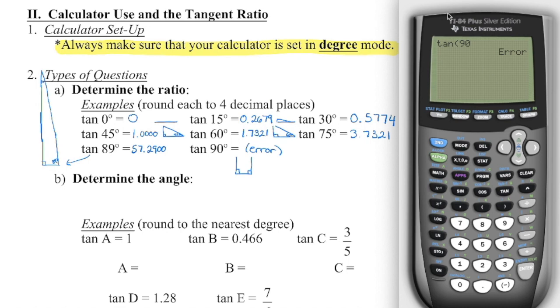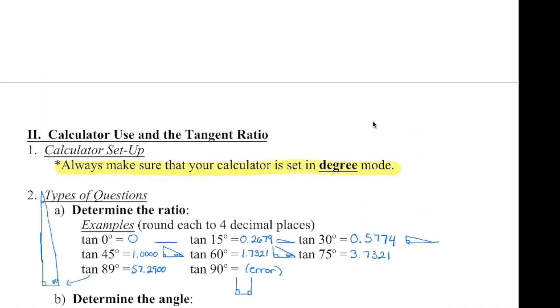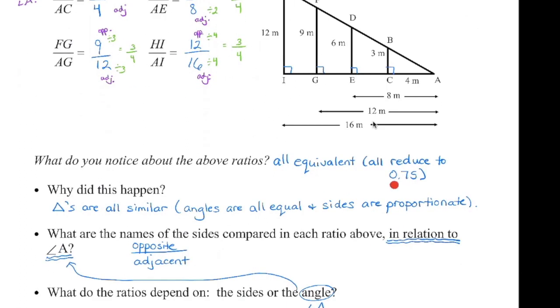So in each of these cases, what we're doing is we're saying, okay, given an angle in a triangle, we know tangent compares the opposite side to the adjacent side. We can get the ratio of those sides, similar to what we did up here when we were developing this. If I take, in this case, it was angle A, and divide those two sides, in each of those cases, I was getting 0.75.